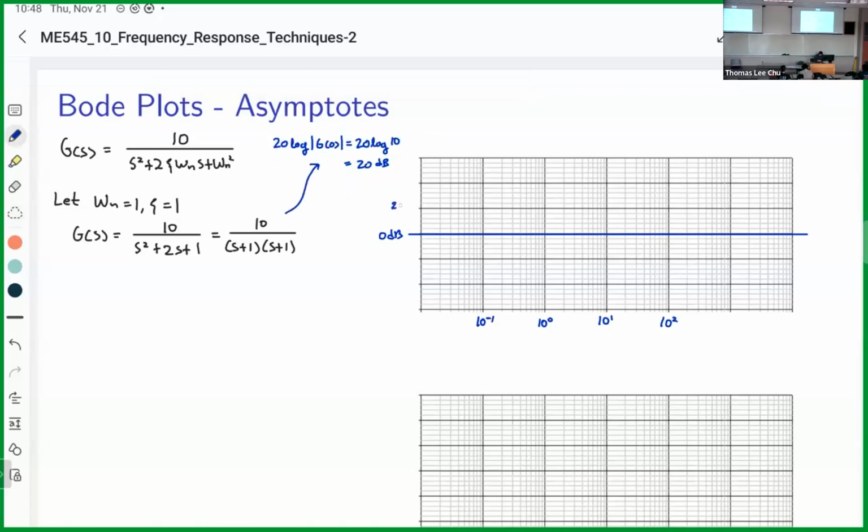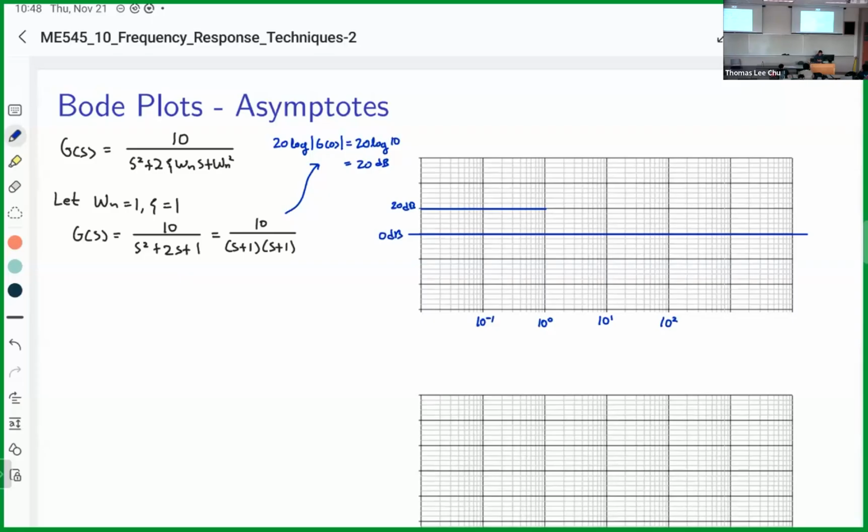So therefore, my starting point is going to be 20 decibels. Then I hit my break frequency. Now, we have 2 poles, each pole contributing minus 20 decibels per decade.